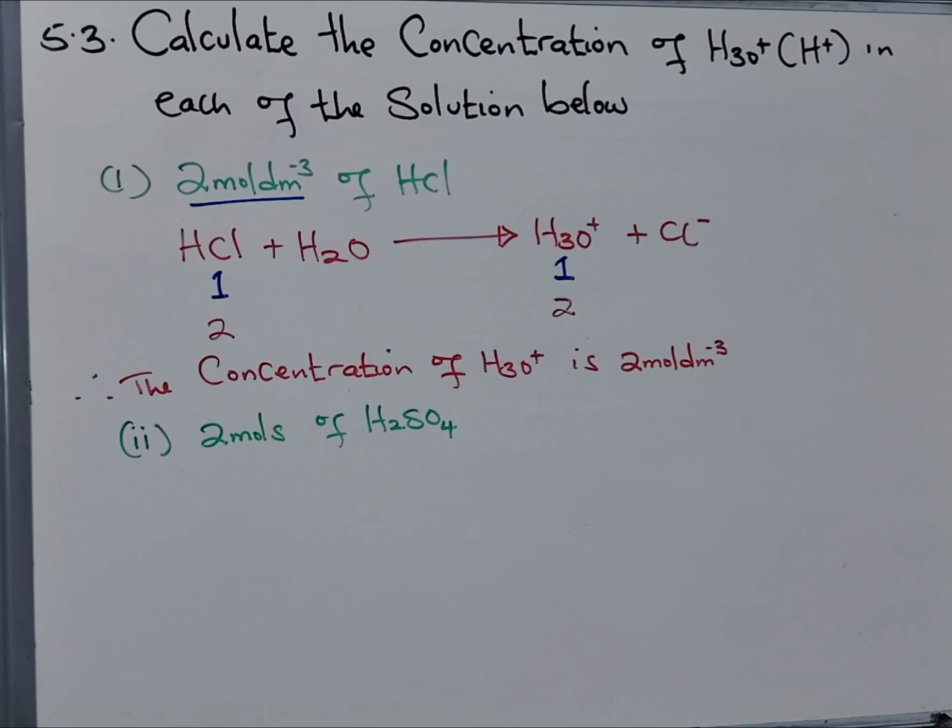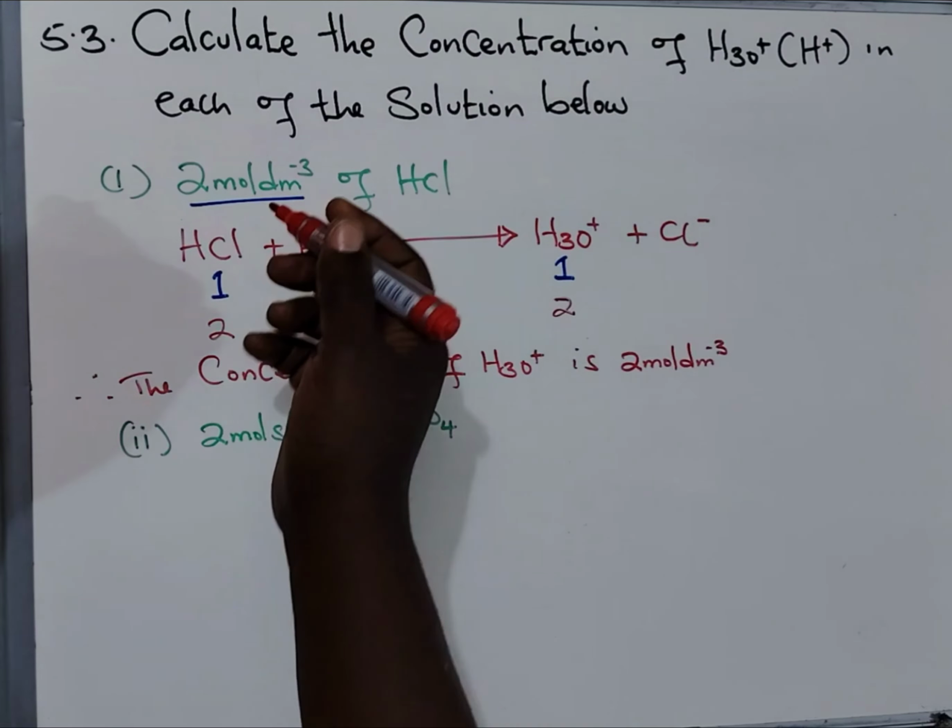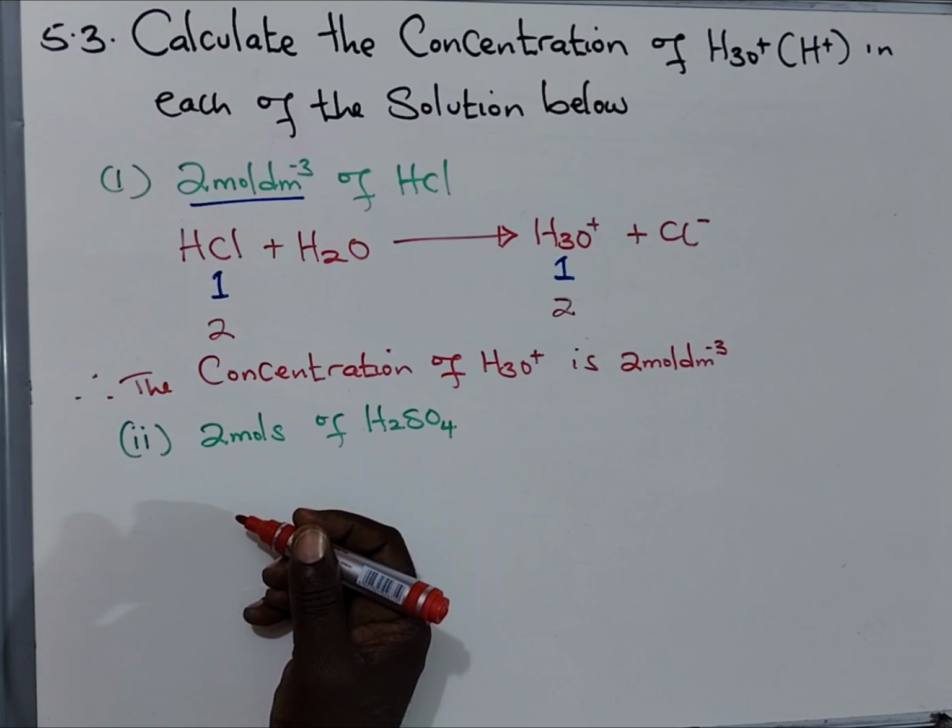Then comes this one. It says calculate the concentration of hydronium ion in 2 moles of sulfuric acid. How do we deal with this one? You do the same stuff. You find the equation.